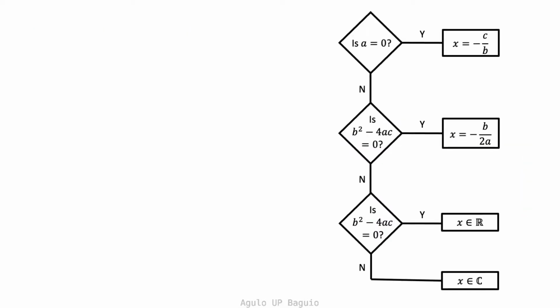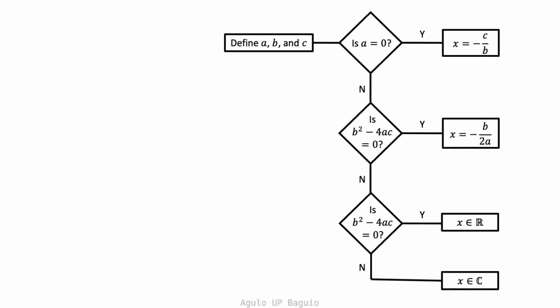To test this algorithm, as represented by the flowchart, I will need to introduce values for the coefficients a, b, and c. But I can't just introduce one set of values if I'm going to test all four cases. I need to be able to change the values of these coefficients.